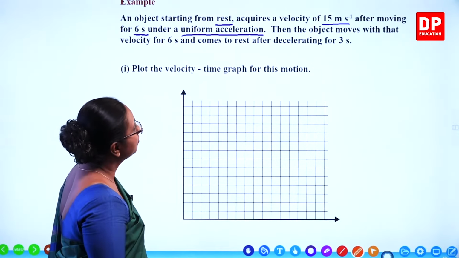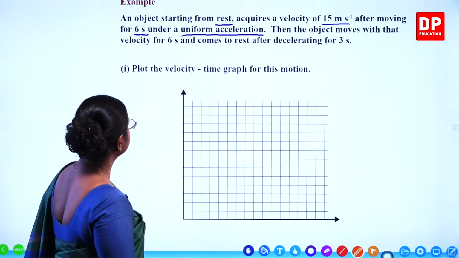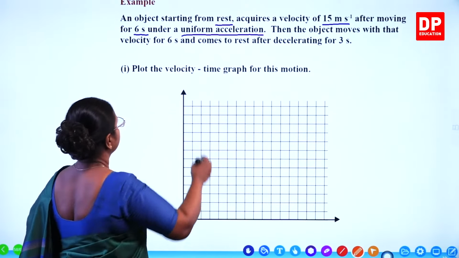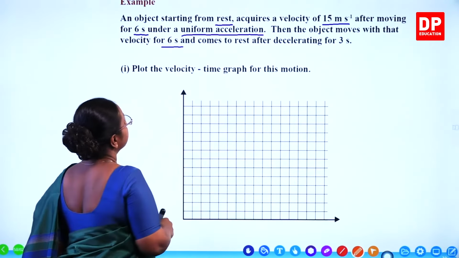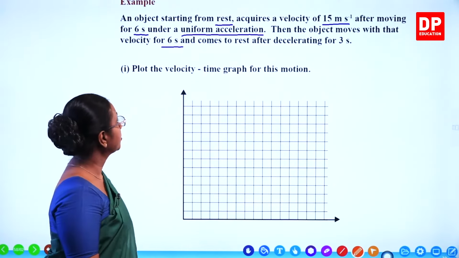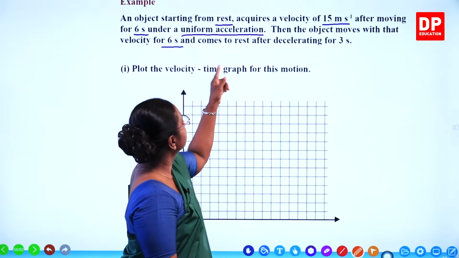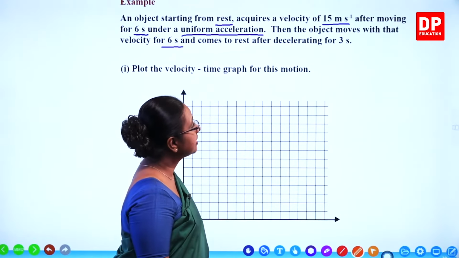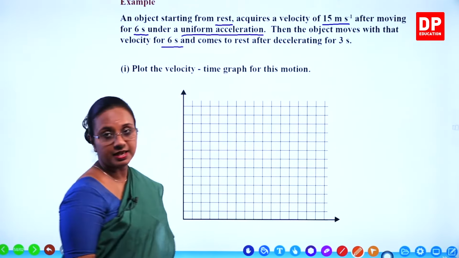Then for the next 6 seconds, the object moves with the same velocity and comes to rest after decelerating for 3 seconds.